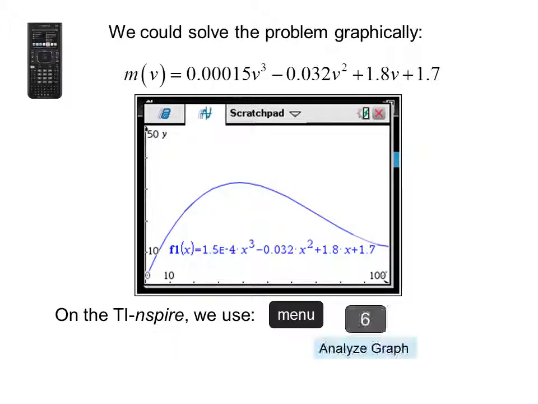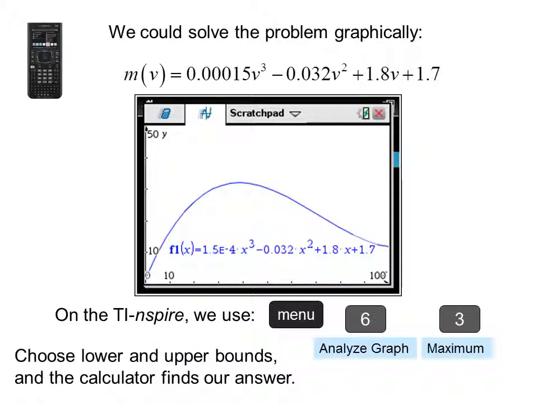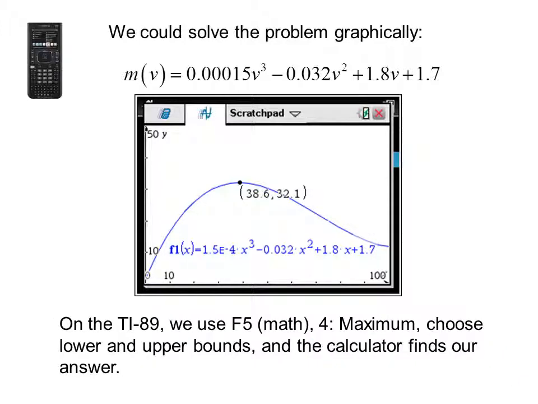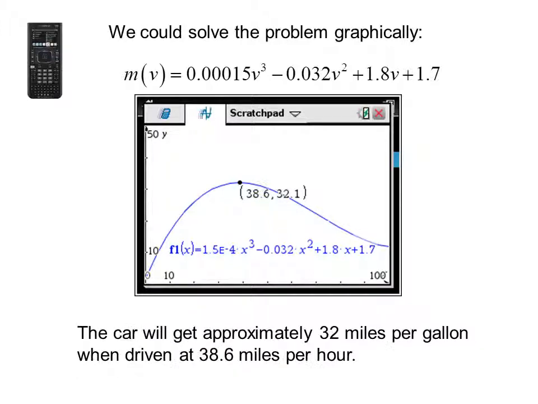On the TI-nspire, we use menu 6 analyze graph 3 maximum. We choose lower and upper bounds, and the calculator finds our answer. So there we see the car will get approximately 32 miles per gallon when driven at 38.6 miles per hour.